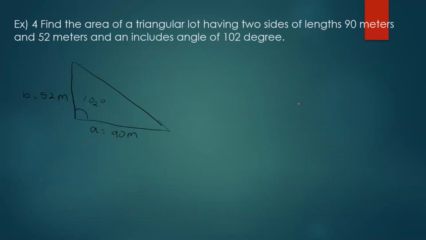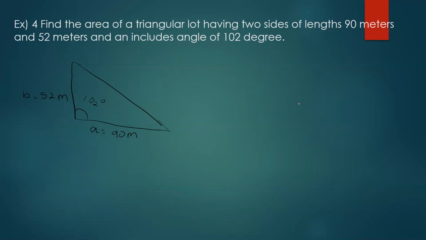Okay, so the last one, it says, find the area of a triangular lot having two sides of length 90 meters and 52 meters, and include an angle of 102 degrees. So here, that figure was given: b equals 52 meters and a equals 90 meters, and we have an angle of 102.